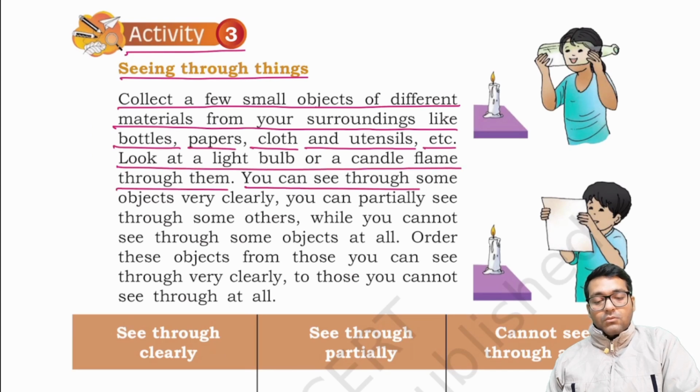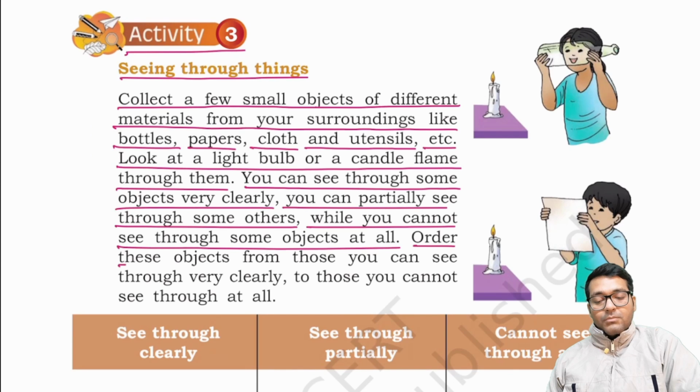You can see through some objects very clearly. You can partially see through some others, while you cannot see through some objects at all. Order these objects from those you can see through very clearly to those you cannot see through at all.